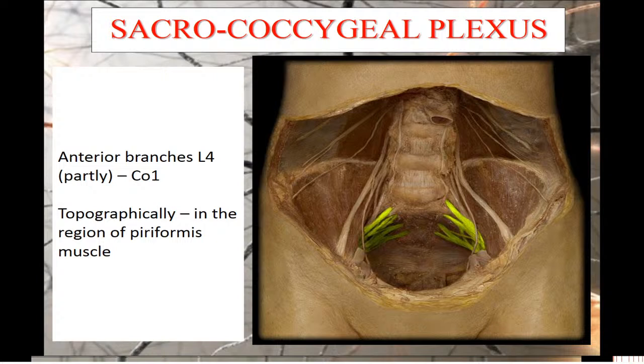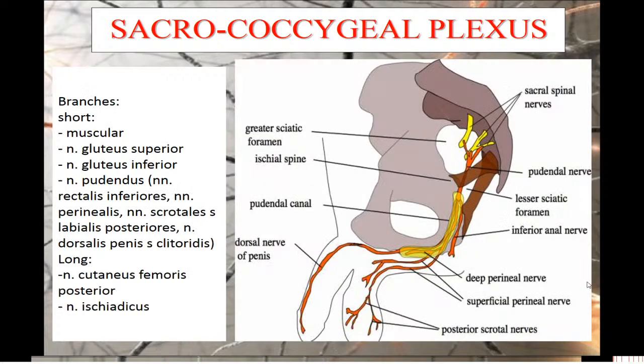Topographically, the sacrococcygeal plexus is located in the small pelvis in the region of the piriform muscle. This plexus gives off two kinds of branches. These branches are short and long branches.